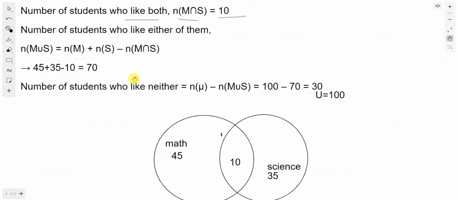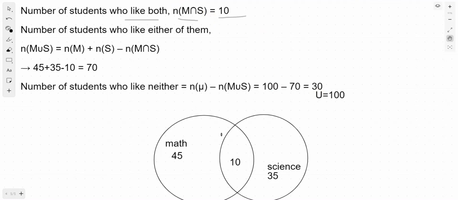The number of students who like neither is the total, 100 students, minus the union of M and S, which is 70. 100 minus 70 is equal to 30. So there are 30 students who like neither of these subjects.